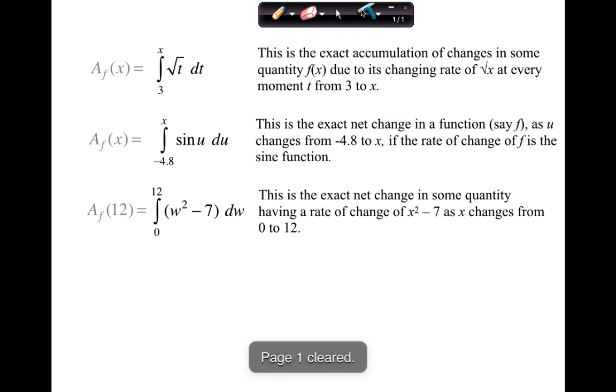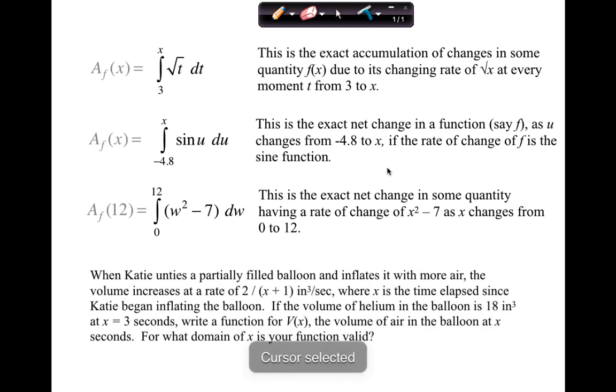Okay, so here's a practice example for you. When Katie unties a partially filled balloon and inflates it with more air, the volume increases at a rate of 2 over x plus 1 inches cubed per second, where x is the time elapsed since Katie began inflating the balloon.